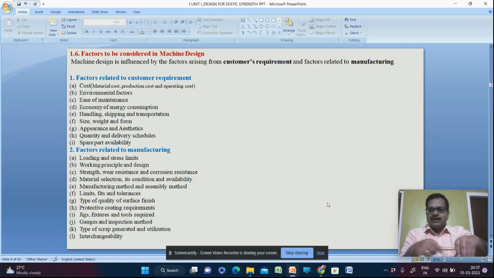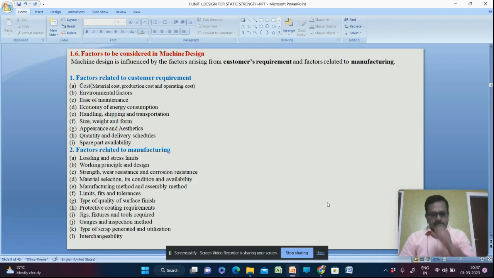It can enter easily, but when the minimum size of the hole is 50 and maximum size of the shaft is also 50, in this case you need to have some kind of mechanical pressure. Either you need to hammer, or you need to apply some hydraulic pressure, or you may need to apply some kind of shrink fitting. You are going to heat it and enter into that, and after cooling, the two will together act as a single member.